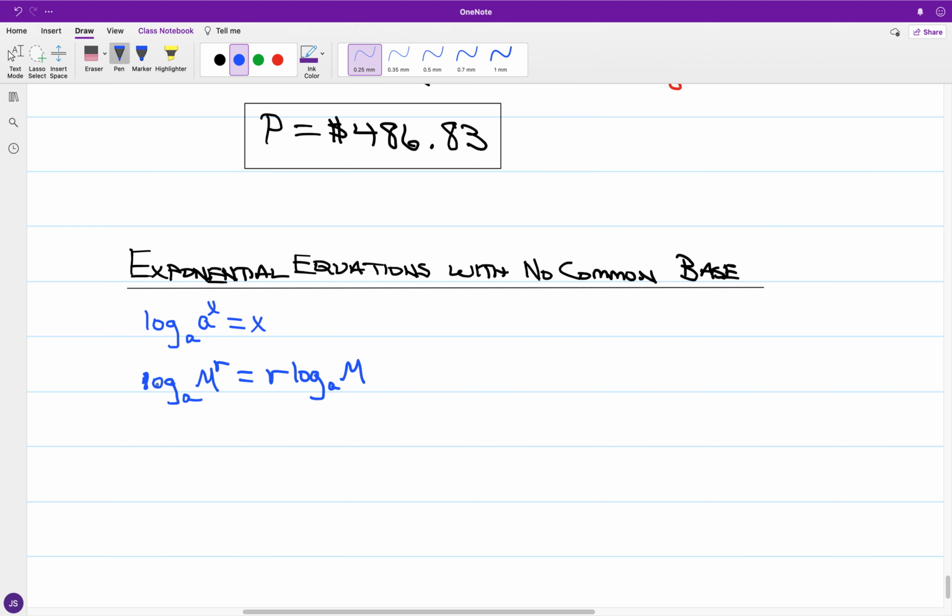And also, going back to the change of base formula, you have the base A logarithm of m is equal to the natural logarithm of m over the natural logarithm of a.